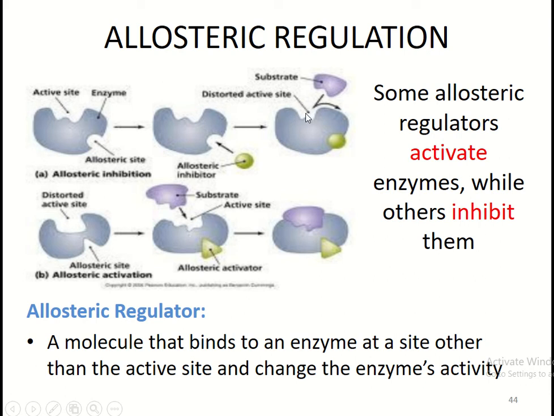Therefore, the substrate cannot bind. This one is called inactivation of the enzyme. So they inhibit the process.